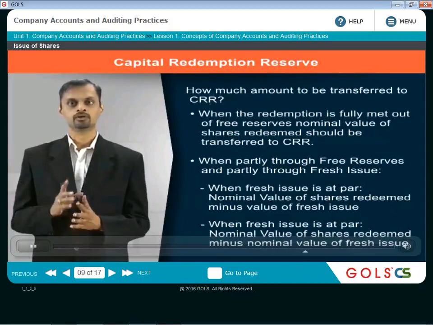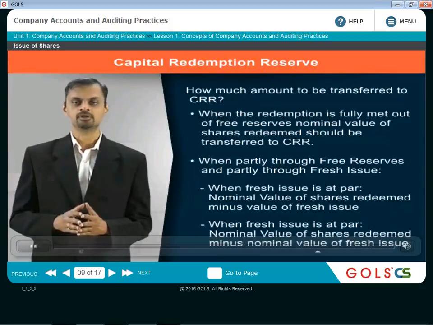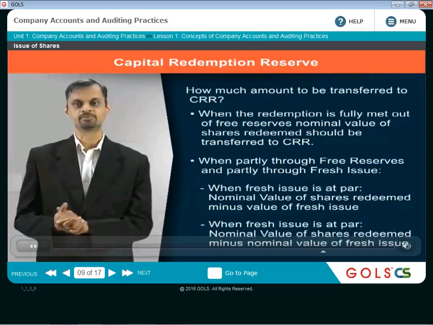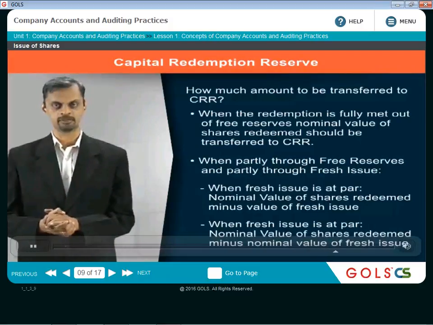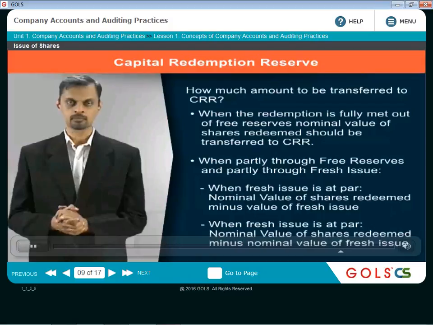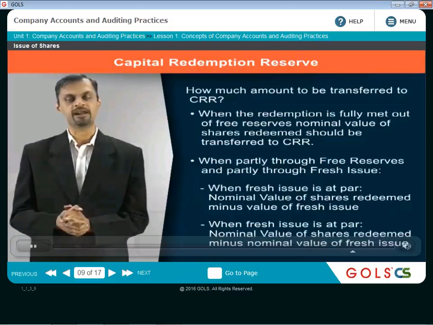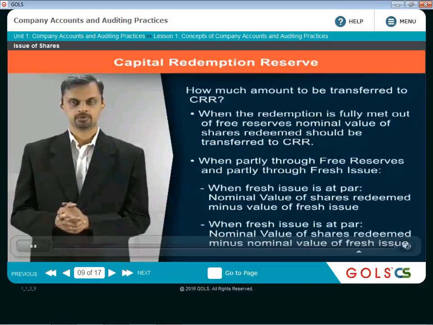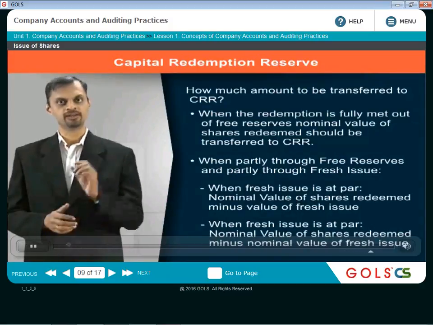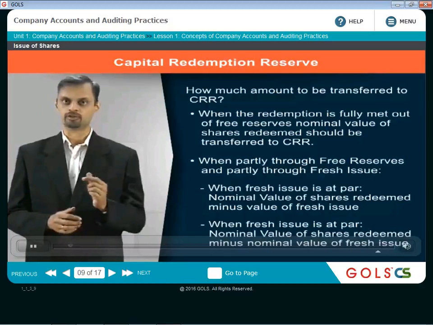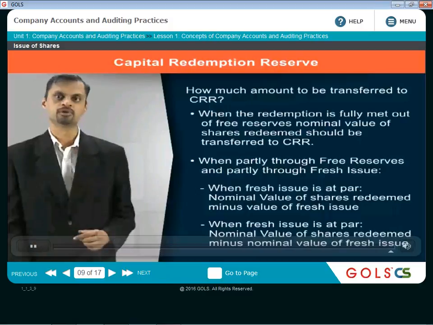Again, taking the example, 100 rupees is the nominal amount of preference shares to be redeemed, and the fresh issue is at say 60 rupees face value and 10% premium. Then while calculating the amount to be transferred to CRR, you will deduct only 60 rupees from 100, not 66 rupees from 100. That is what this particular formula mentions.